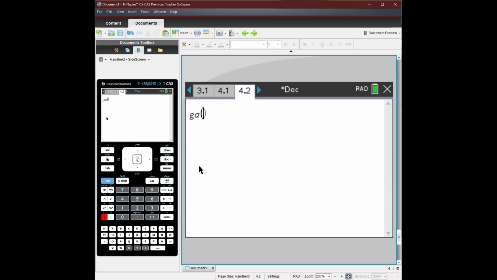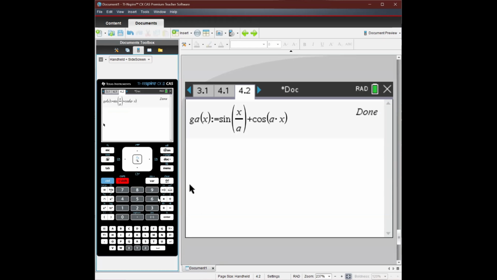So if I have g_a of x equals sine of x over a plus cosine of a times x, and integrating g_a of x dx, the antiderivative, you could put c at the end. My personal habit is putting add c at the end, unless it's the definite integral. So it's a times sine of x over a minus 1 over a times cosine of a times x.